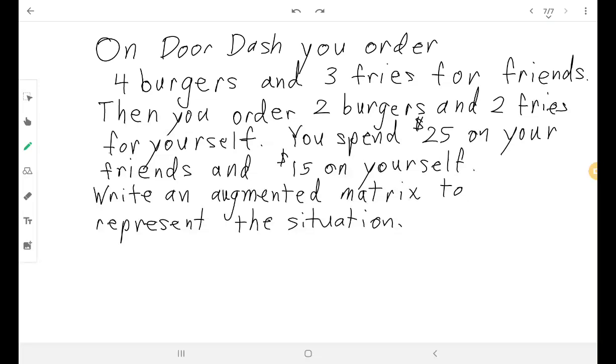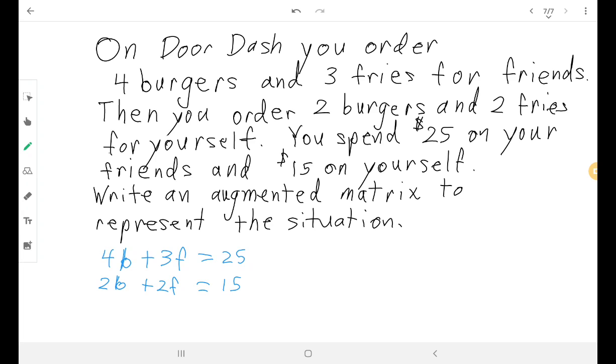So in the first one, if you wanted to figure this out, you might say, okay, that's 4 burgers. That is 4 times the price of the burgers, plus 3 times the price of the fries. And when I add all that up, I'm going to get $25. And then for yourself, you ordered 2 burgers and 2 fries, and that costs you $15.